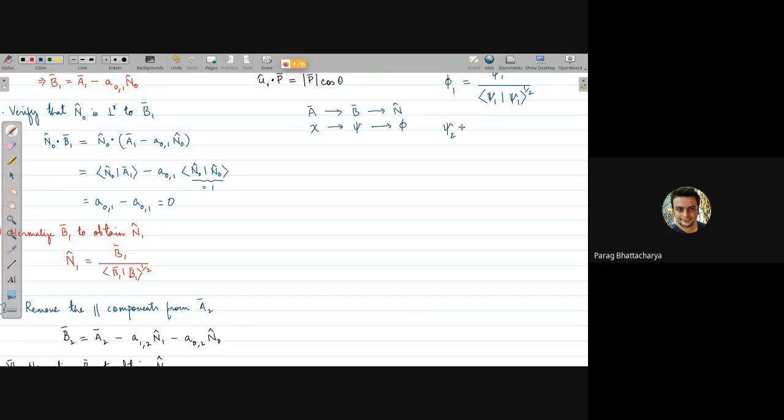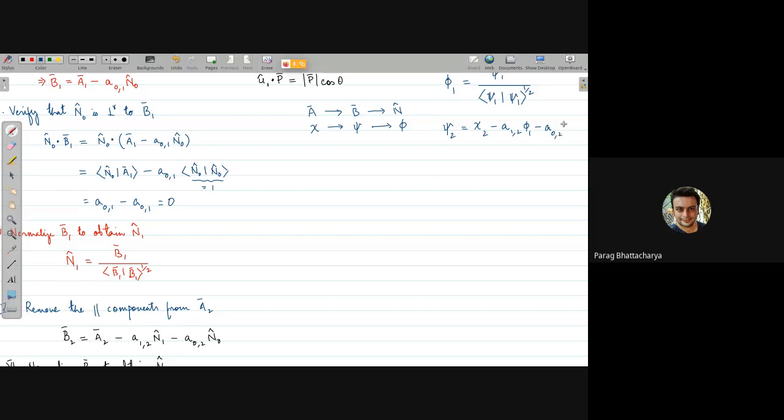This is equal to a2. What is a2? A2 will be replaced with chi2 minus a12 and n1. And what do you write n1 as? Instead of n1 we write phi1, and then the last one is minus a02, a0 comma 2, n0.